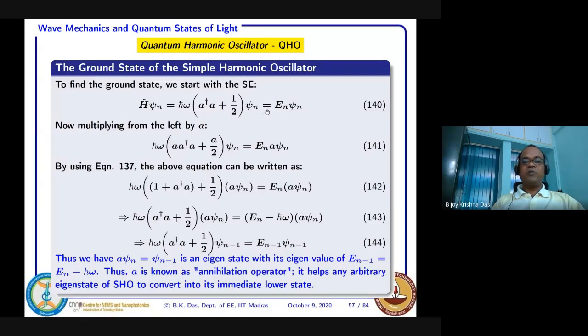H bar omega is a constant. So multiplying by A, A dagger A comes from this term, and here A by 2, psi n, and straightforwardly En is the eigenvalue, so we can write A psi n. It is just straightforward, right?